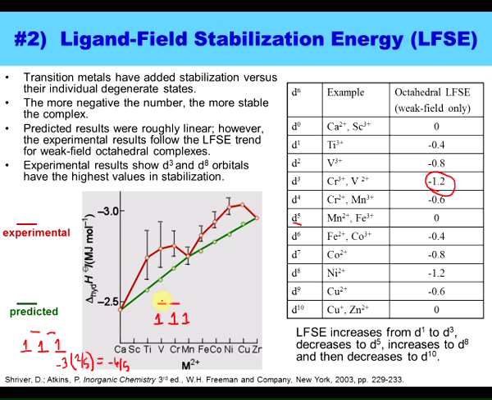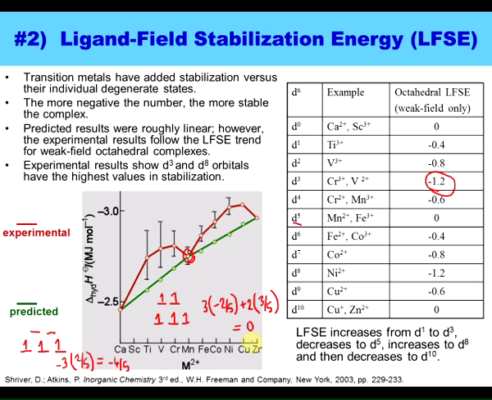So we're looking at this data point right here. Notice that 3 of the electrons got stabilized by -2/5. And these other 2 electrons were destabilized by 3/5. So if we were to add this up, we get no ligand field stabilization energy.